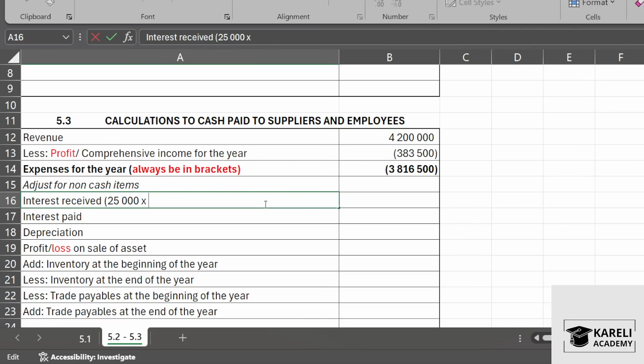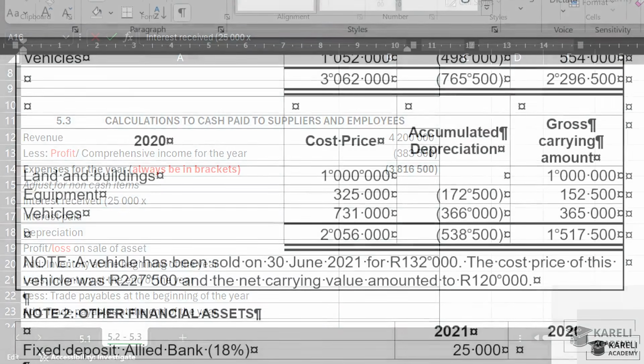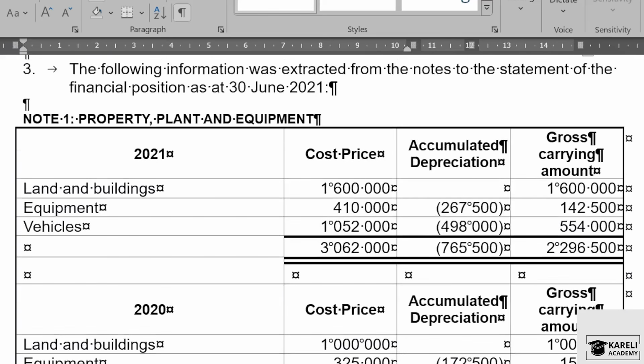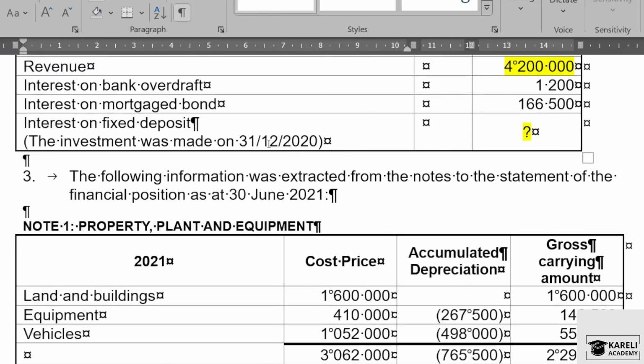Now, we must multiply it by what? Check again on your question paper. We must multiply it by 18%, but it does not end there. Multiply it by 18%, and then you count the months. Now, from January 2021 until the 30th of June 2021, how many months do we have?